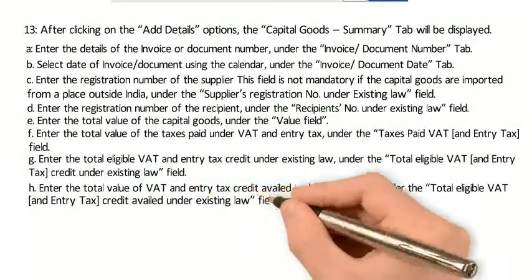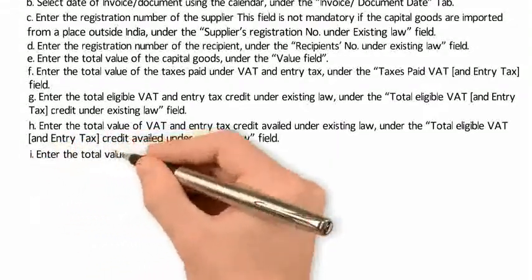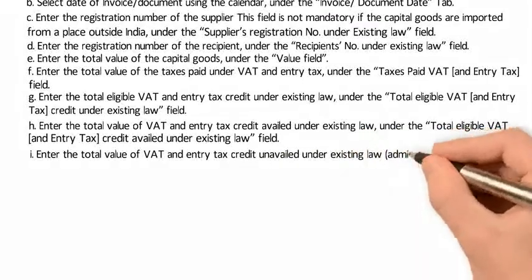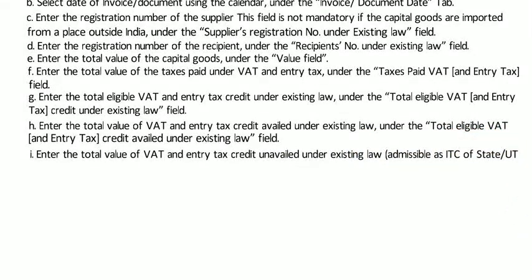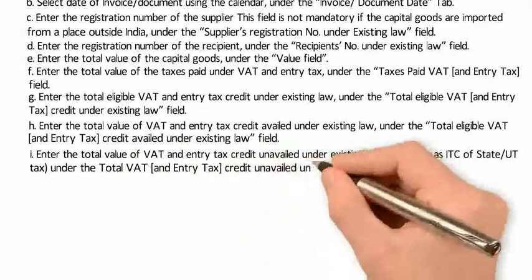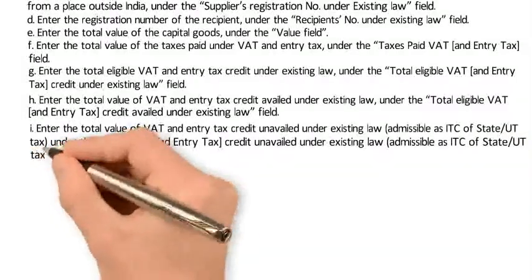I. Enter the total value of VAT and entry tax credit unavailed under existing law, admissible as ITC of state UT tax, under the total VAT and entry tax credit unavailed under existing law, admissible as ITC of state UT tax field.